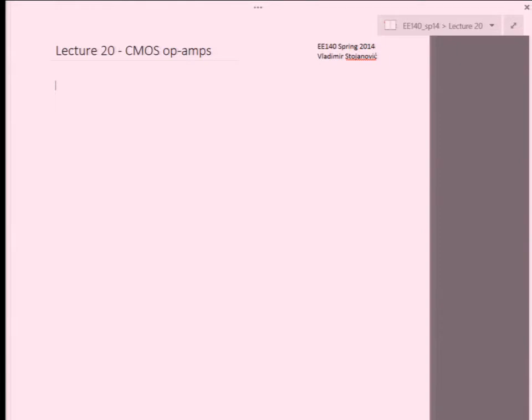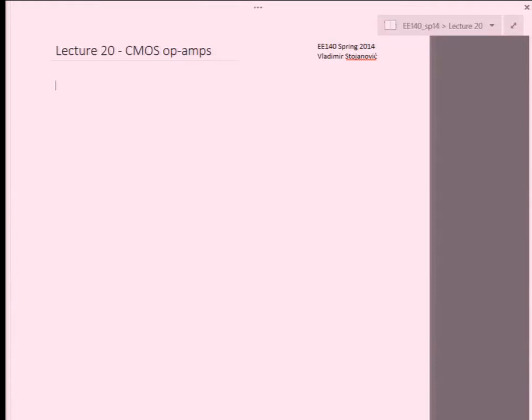Okay, today what we're going to do is try to wrap up a whole bunch of topics that we talked about individually to culminate toward the design of the CMOS op-amp. We've looked at single-stage amplifiers, feedback, input and output common mode ranges, current sources, current mirrors, and active loads.